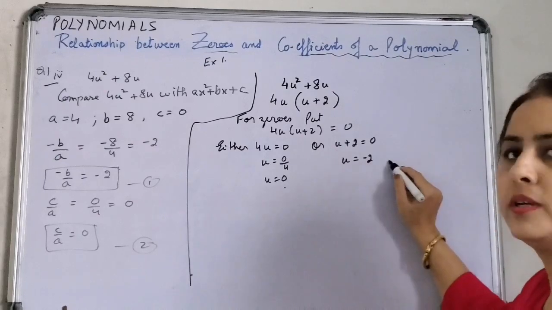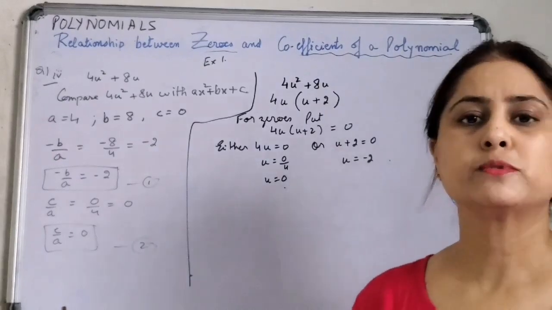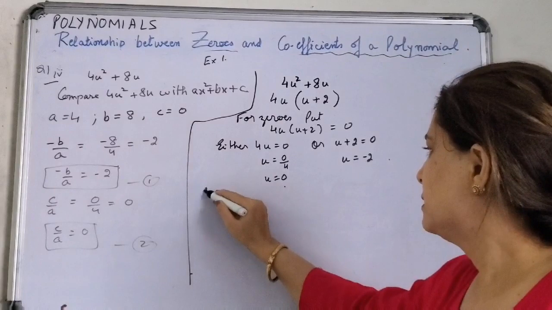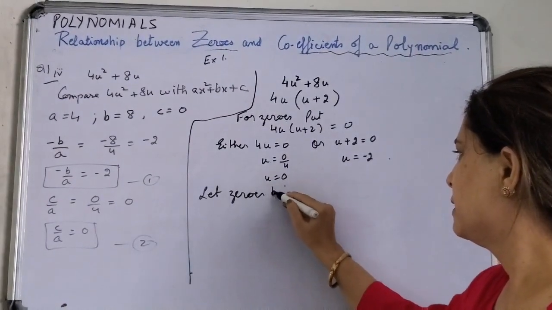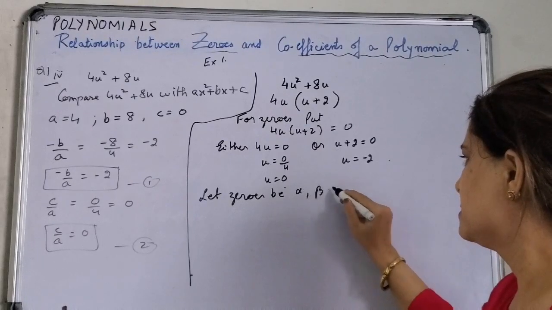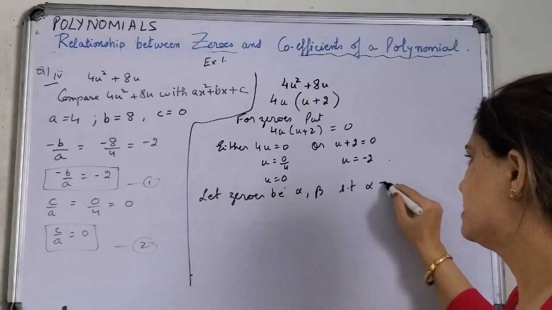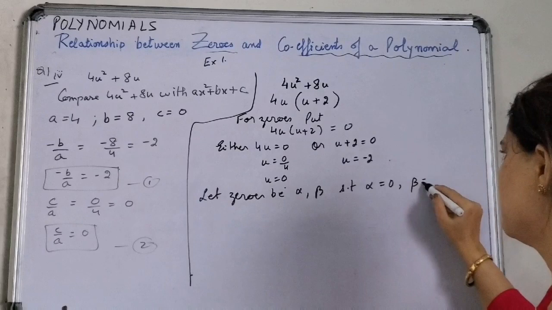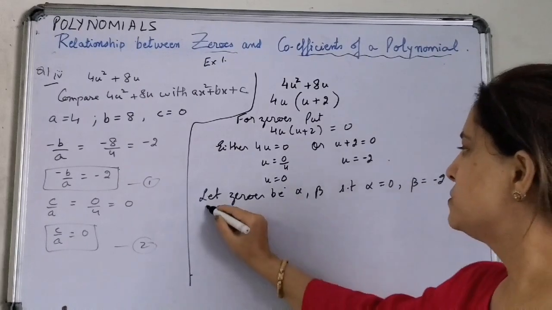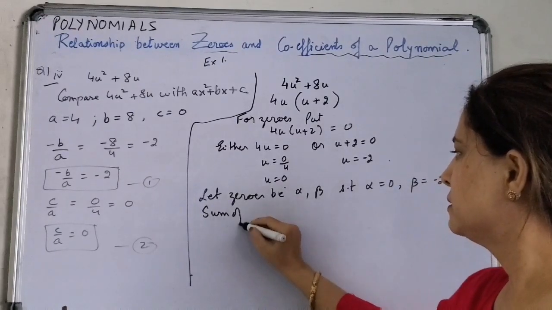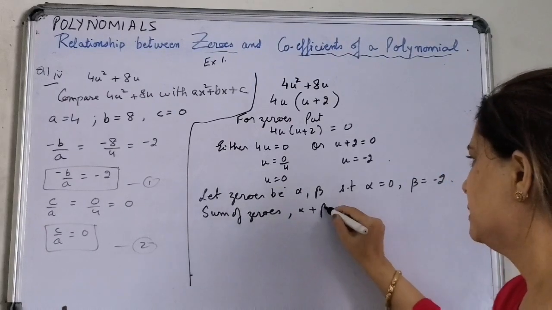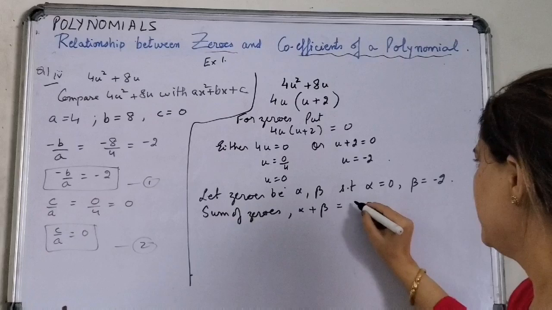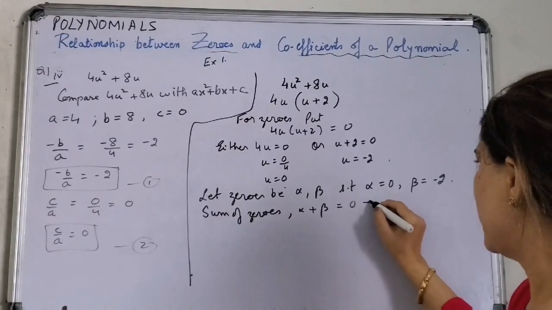If you want, you can give them the names alpha and beta. Let the zeros be alpha and beta such that alpha is 0 and beta is minus 2. Sum of the zeros, let's find out alpha plus beta. That comes out to be 0 minus 2, that is minus 2.